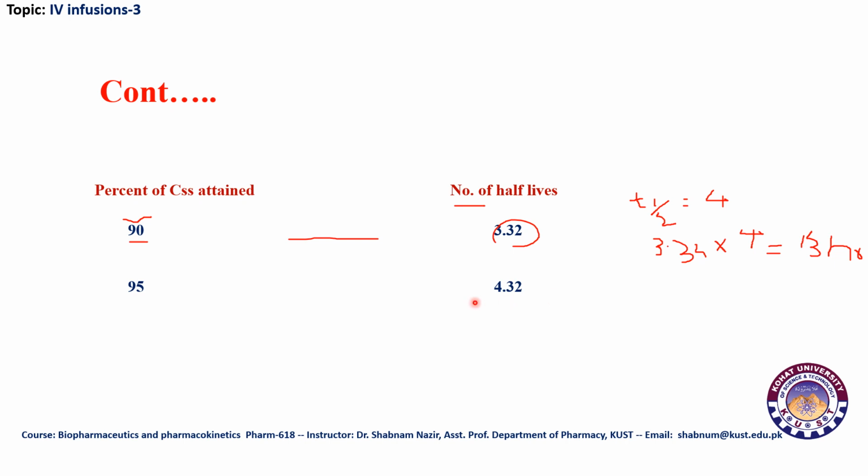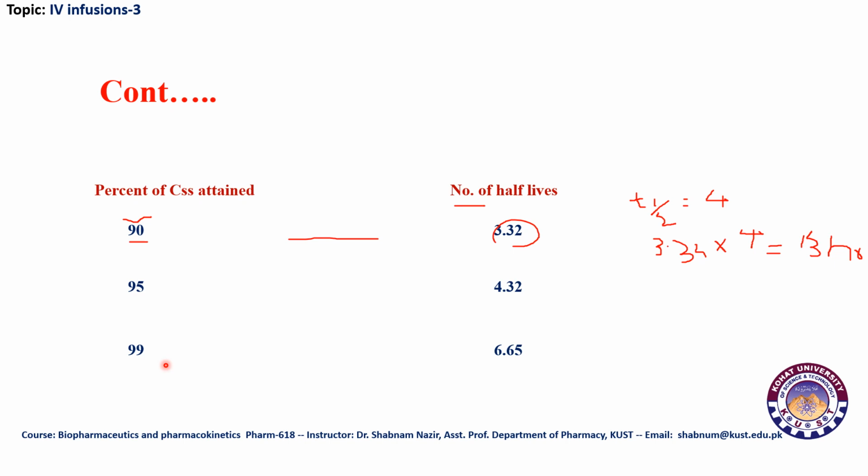Then the next possibility is 99%, which I already told you indicates the point where 99% of the steady state level will be achieved. Theoretically it is just before the steady state level, but asymptotically or clinically speaking, it is just the steady state level. It is the point when you hit the steady state level.